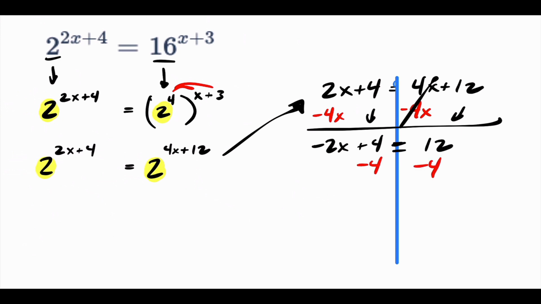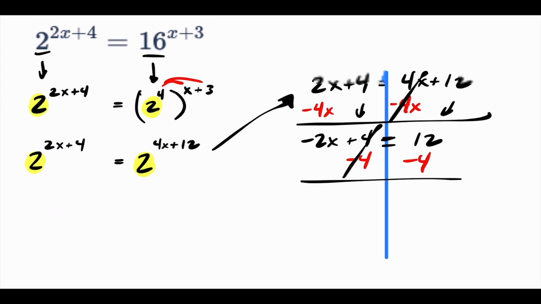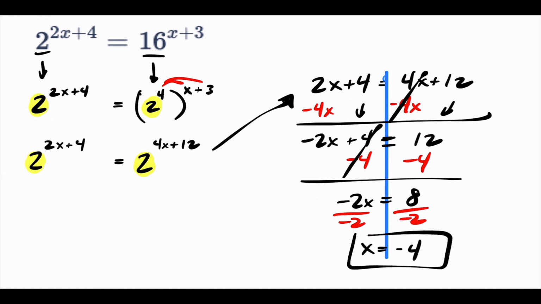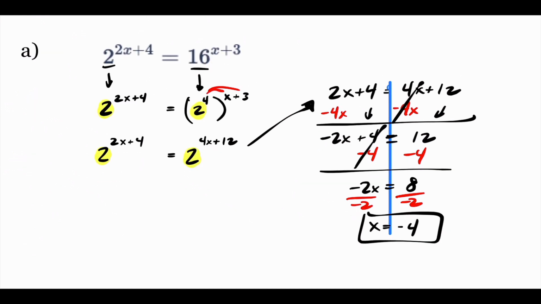Subtract 4 from both sides: negative 2x equals 8. Divide by negative 2. x equals negative 4. There you go, x by itself.